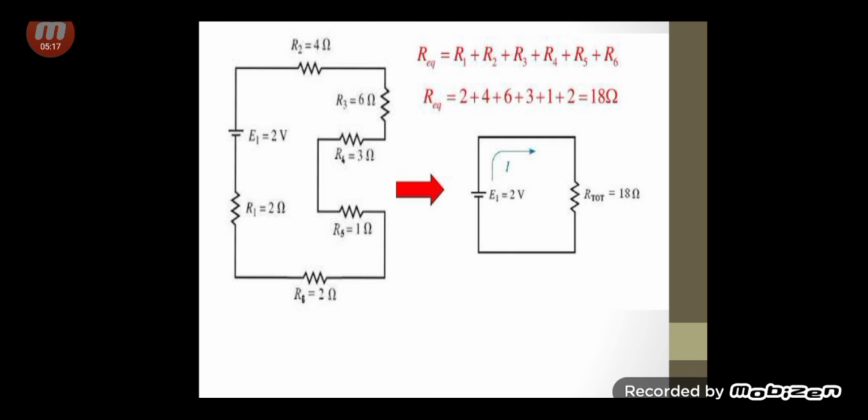R1 has 2 ohm resistance, R2 has 4 ohm, R3 has 6 ohm, R4 has 3 ohm, R5 has 1 ohm, and R6 has 2 ohm. So the total resistance will be the sum of these, that is 18 ohms. Got it? So 18 ohms is the total resistance of this circuit provided by all the resistors.